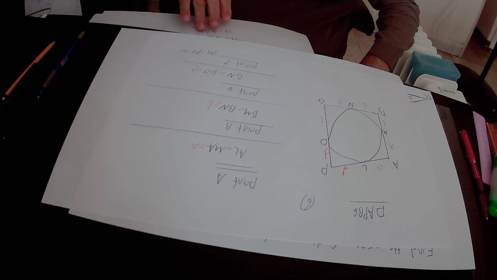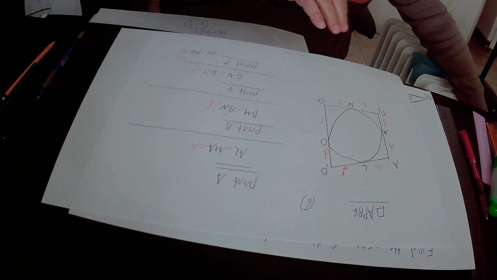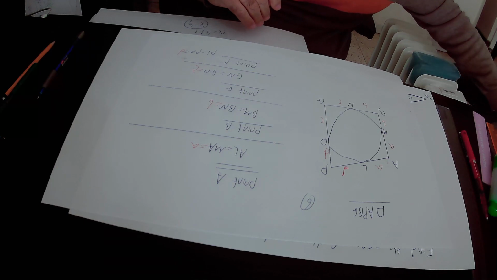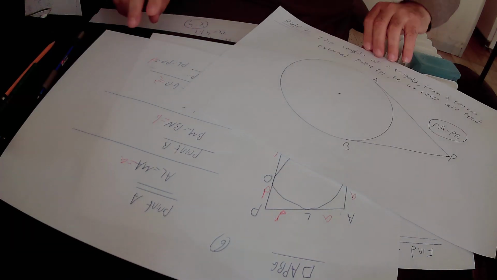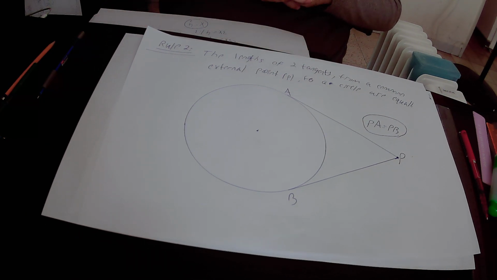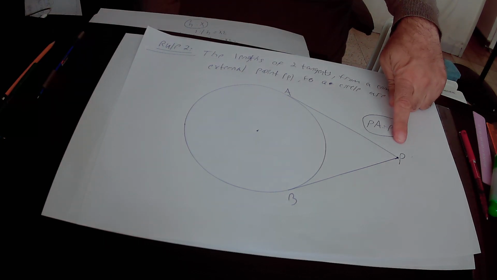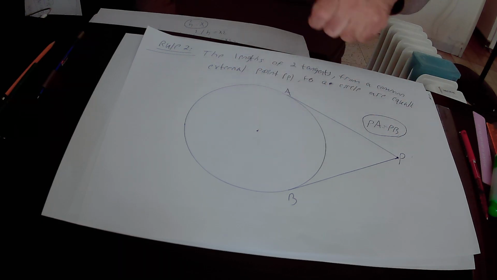And then I presented to you rule number 2, and we implemented rule number 2 in our drawing. According to rule number 2, the lengths of two tangents from a common external point to a circle are equal. So point P is a common external point in relation to this circle.